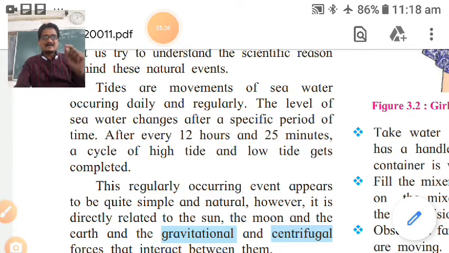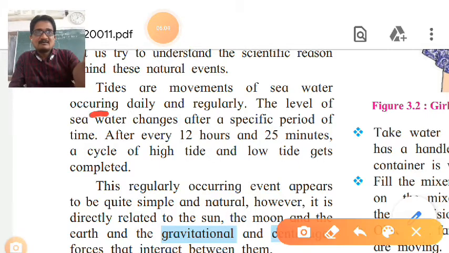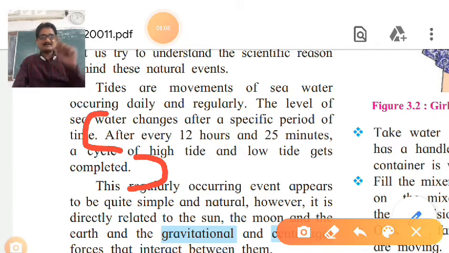After every 12 hours and 25 minutes, a cycle of high tide and low tide gets completed. So note down, after every 12 hours and 25 minutes, a cycle of high tide and low tide gets completed.